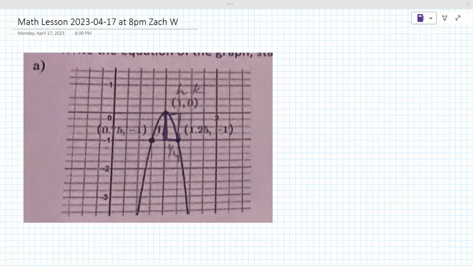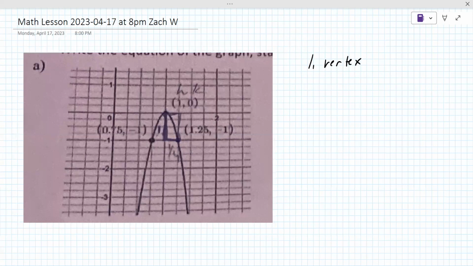So you've got the vertex down. The first thing you would identify is the vertex. Okay, so the vertex is (1, 0). The x-intercepts would also be useful, but this one doesn't seem to have any. They're also giving you some other points here, which is useful.